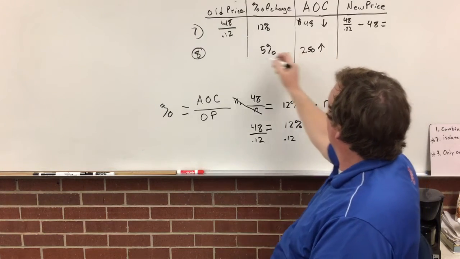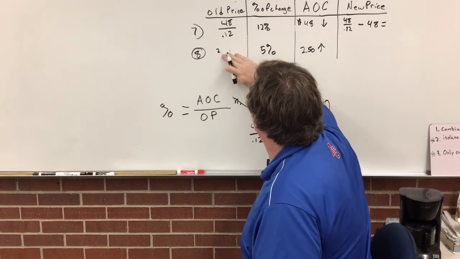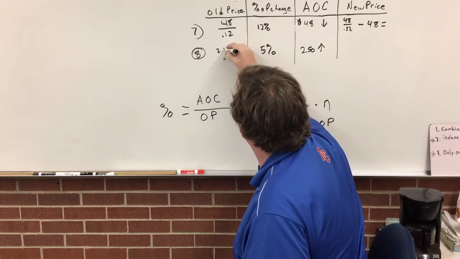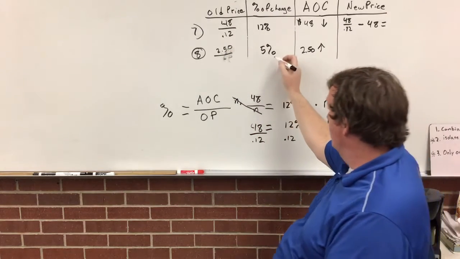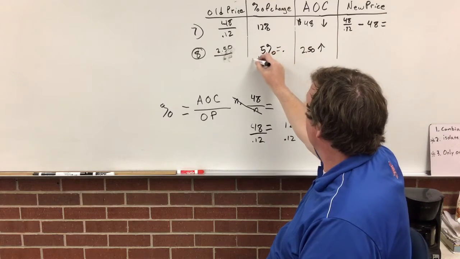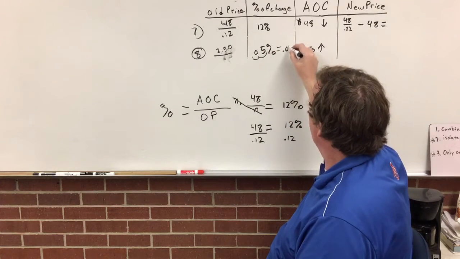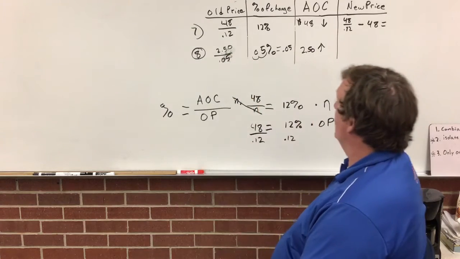You take this number and put it on top: $2.50 divided by 5% changed to a decimal. Well, 5% changed to a decimal is, move it twice, it's 0.05. So 250 divided by 0.05.